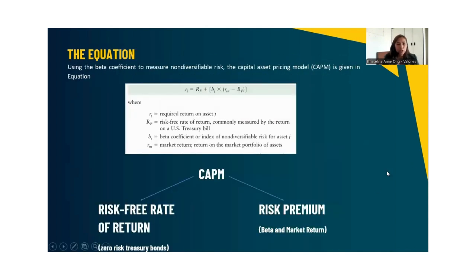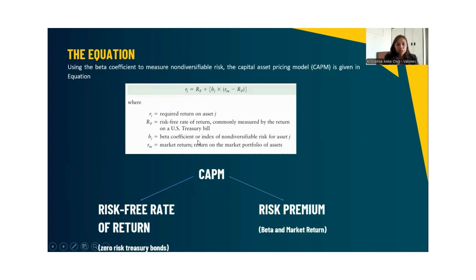Okay, let's check the equation. Using the beta coefficient to measure the non-diversifiable risk, it is given in this equation. Here R is the required return on the asset, and the risk-free rate of return is commonly the treasury bill or government bonds.